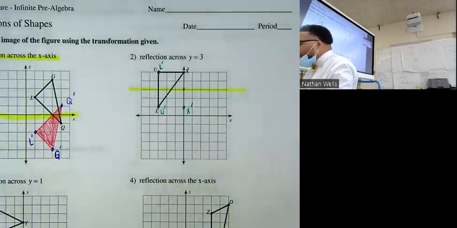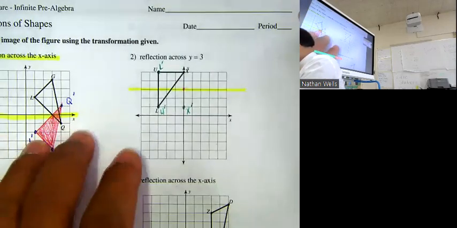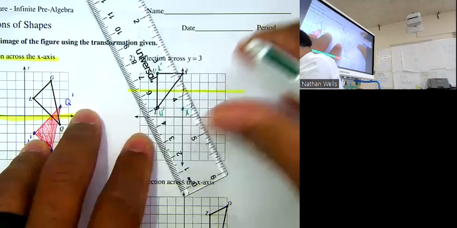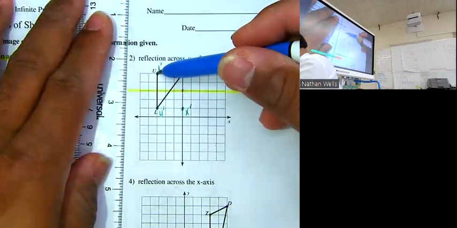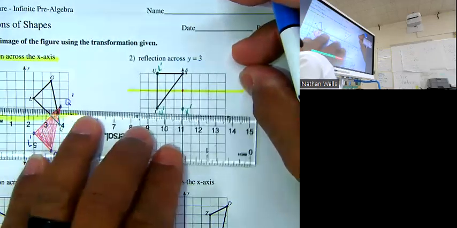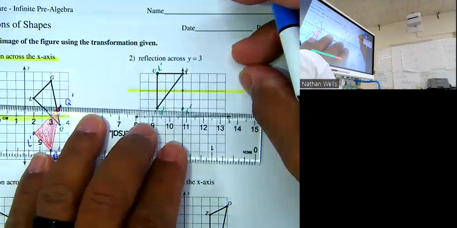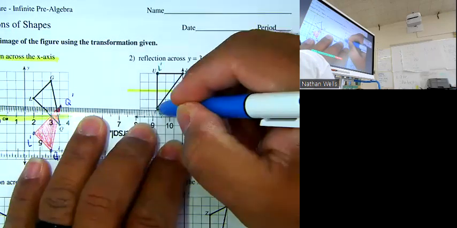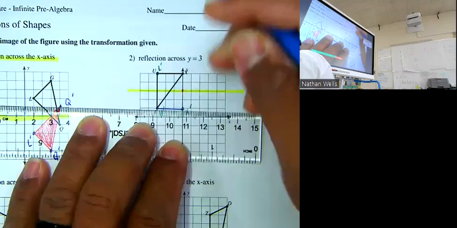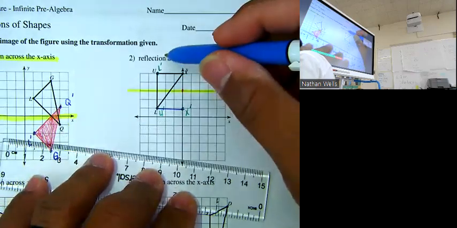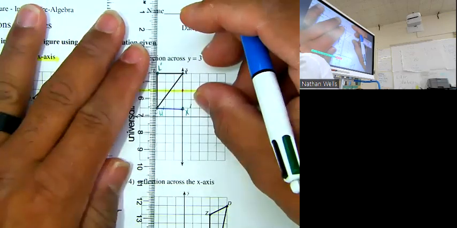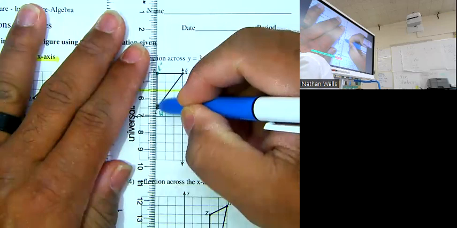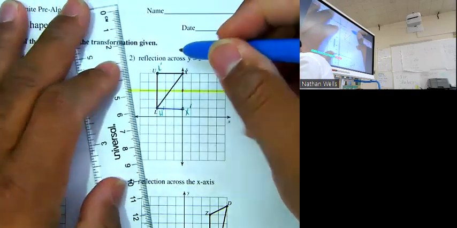Let's go ahead and connect my points that should be connected to each other. So in the original, U is connected to X. So I'm going to make sure that U prime is connected to X prime. U is also connected to L. So I'm going to make sure those are connected. And then X and L are connected.